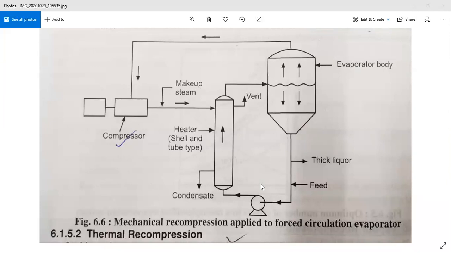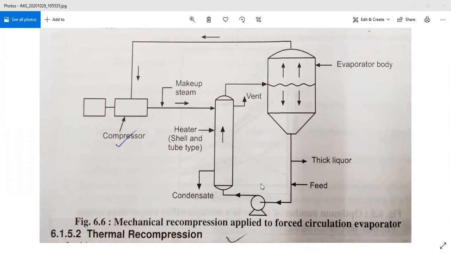If we increase the pressure of the vapor, then the economy of an evaporator can be increased by increasing the kg of water evaporated. So by using only a single effect, we can increase the quantity of water evaporated by increasing the pressure.